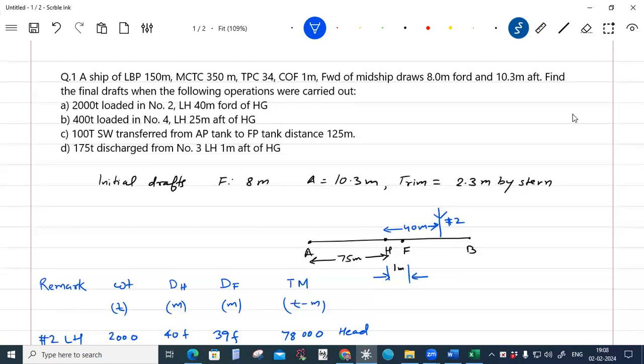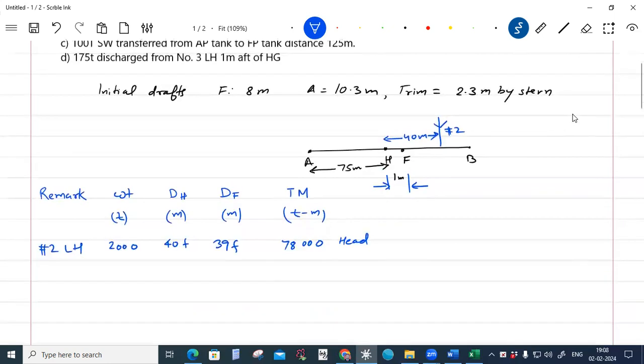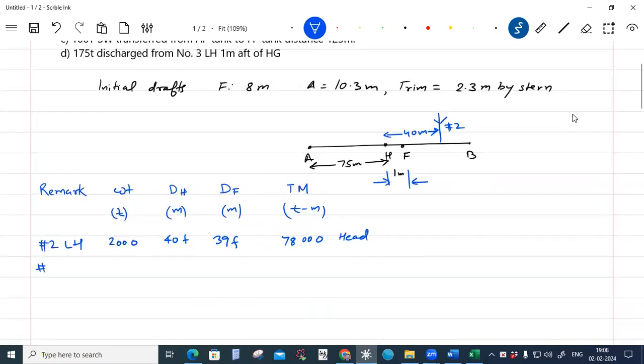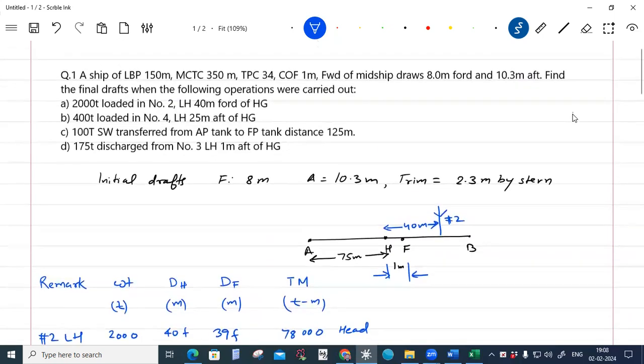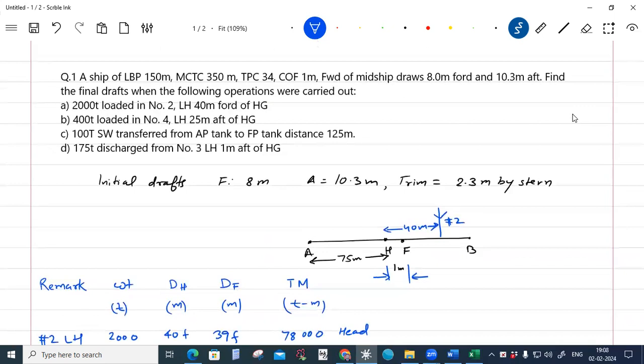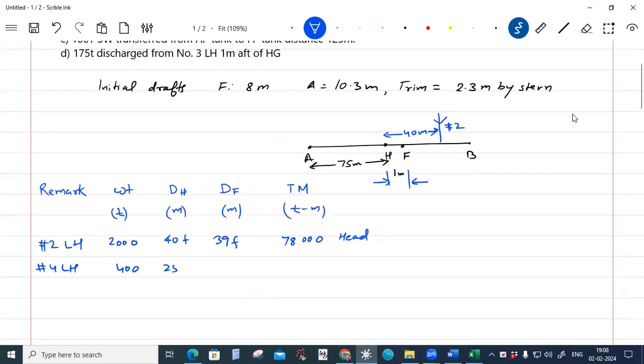400 ton loaded, number 4. Number 4 lower hold 400 ton. What is its distance? 25 meter aft. You can write forward for this and aft for this. 25 aft, so here 25 from midship. You loaded here, so center of flotation distance becomes 26 aft.